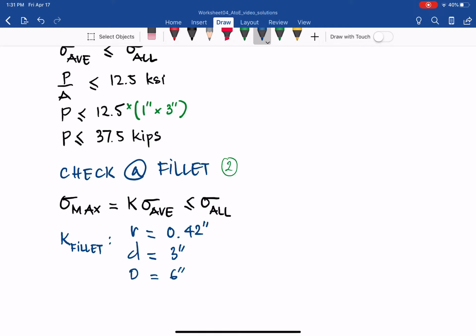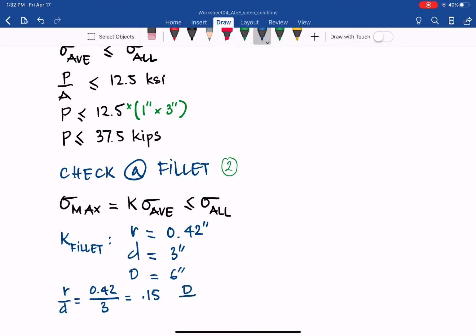So from that we can find r over d small, which is 0.42 divided by 3, so we get 0.14. And then D capital over d small is 6 over 3, which is 2.